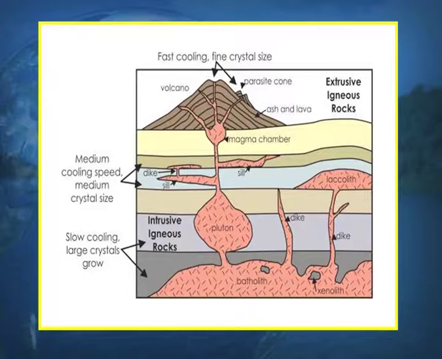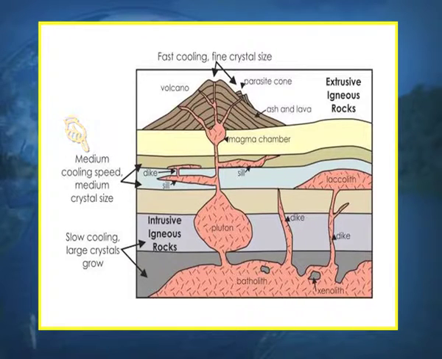If you look at the picture, it shows that for the rocks formed on the surface of the earth, because the temperature is comparatively low, there is fast cooling, and when fast cooling takes place, the crystal formation is very fine. When we talk about medium cooling, the crystal size is also of medium size.